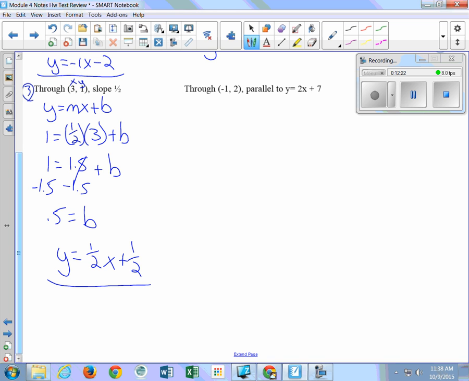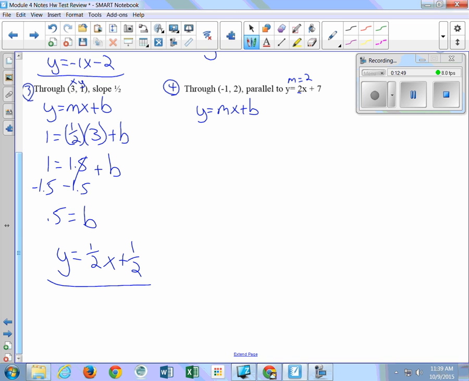This is number 4. This says do (-1, 2) parallel to y equals 2x. So if two lines are parallel, then they have the same slope. So the slope equals 2. The line that we're trying to find is parallel to this one, so it has the same slope. So y equals mx plus b.